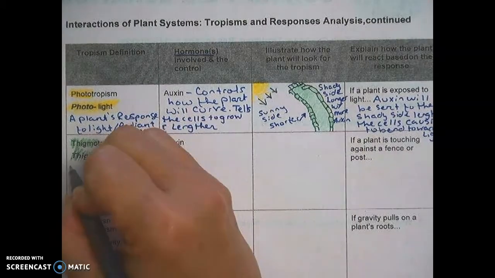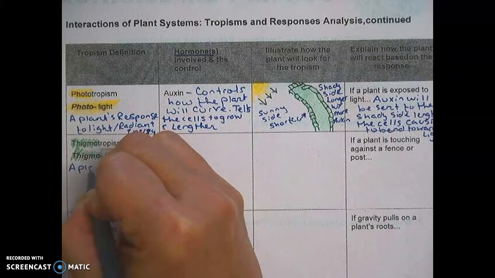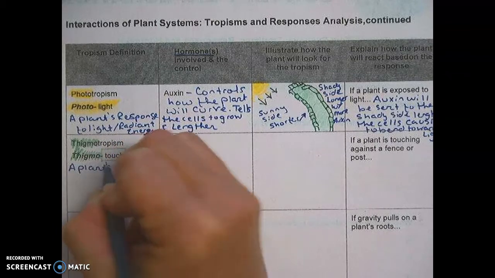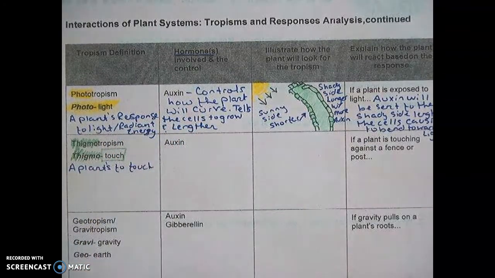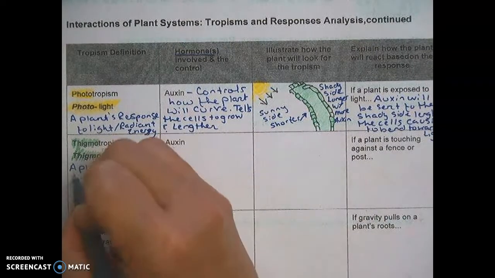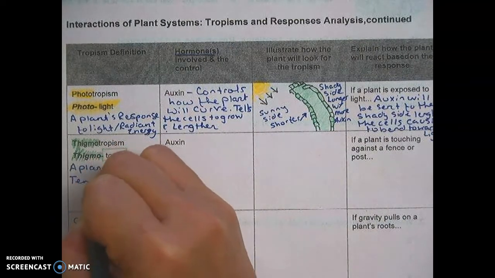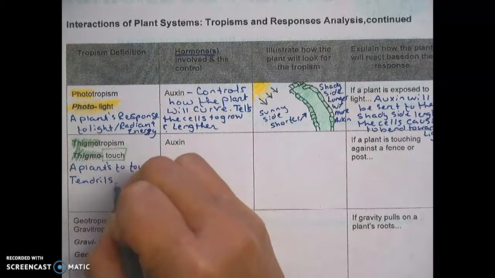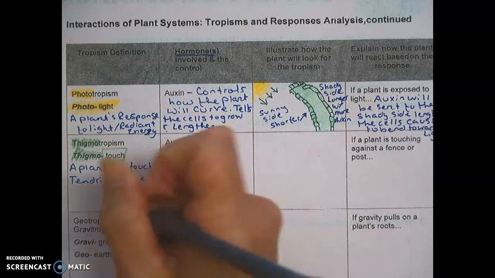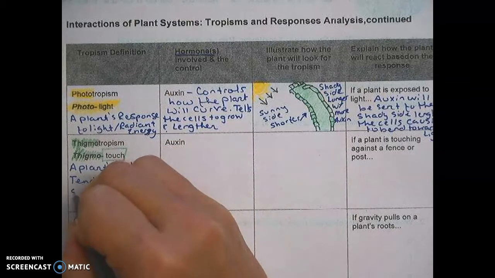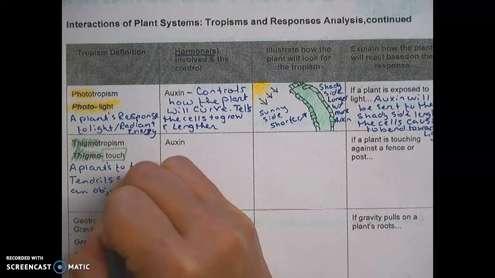So here we could just quickly write a plant's response to touch. So they'll actually touch something. The stems or leaves, tendrils typically are sent out. Tendrils sense an object.